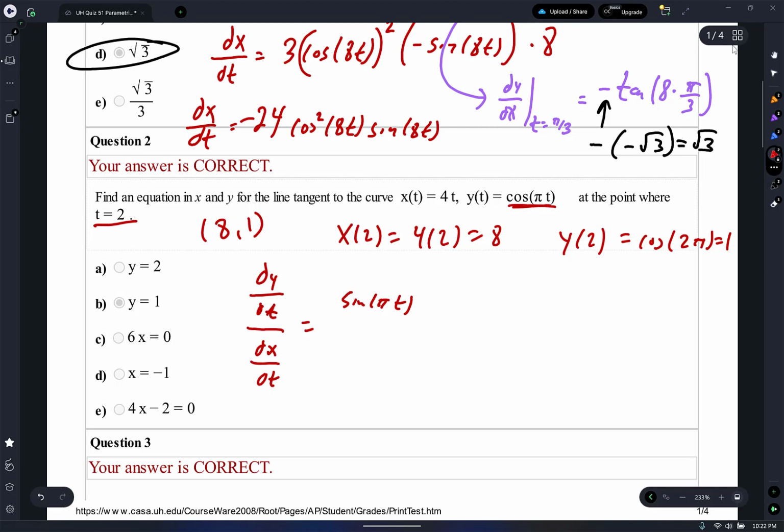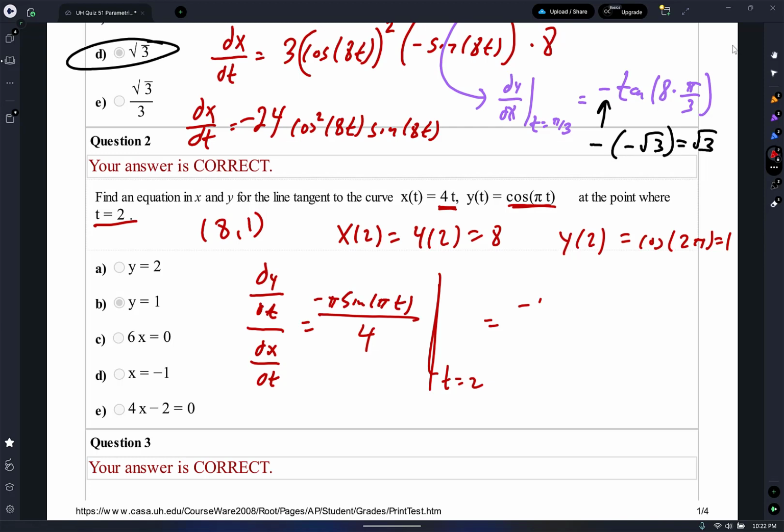So I'm going to put the pi here. Over the derivative of 4t, which is just 4. And evaluate this at t equals 2. And you get negative pi sine of 2 pi over 4, which is 0.